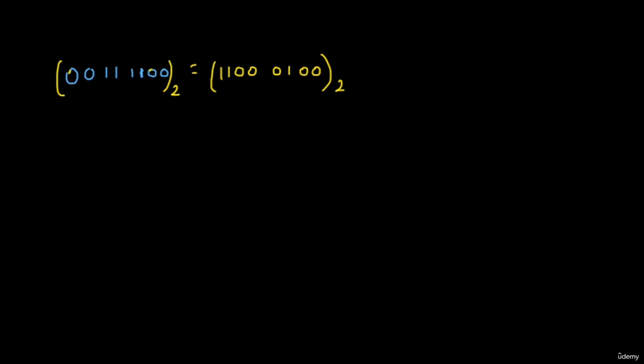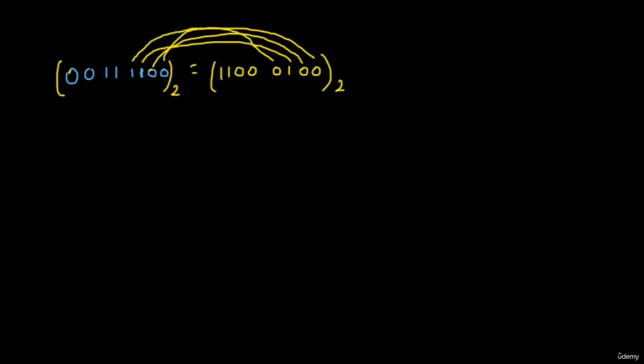Let me make it even simpler for you. Just write 0. Again 0, just write 0. Now we hit the first one. So write 1, and after that start switching the numbers. In place of 1, switch it and make it 0.